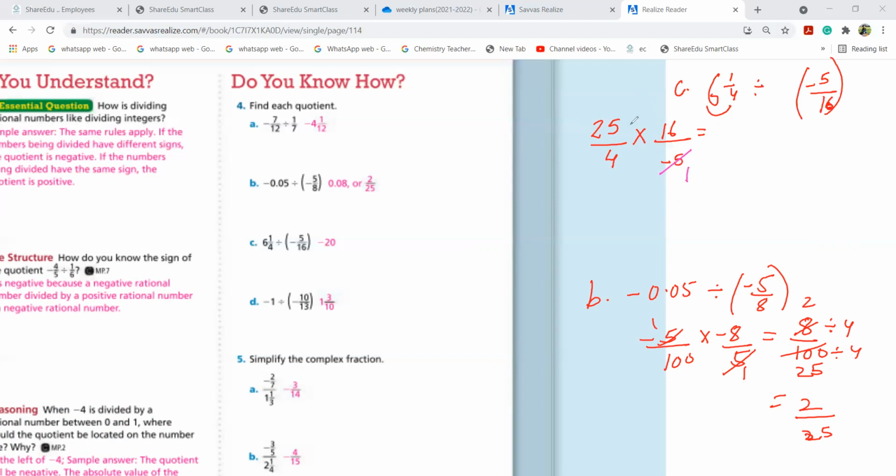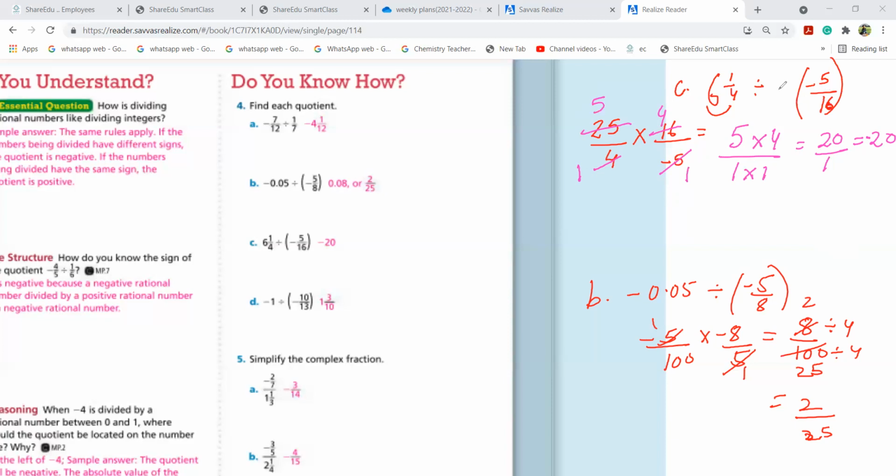5 times 1, 5 times 5. 4 times 1, 4 times 4. So what is left? 5 is left here and 4 is left here. In the numerator, 5 times 4, and in the denominator, 1 times 1. So you get 20 over 1, that is nothing but 20. Why is your answer minus 20?